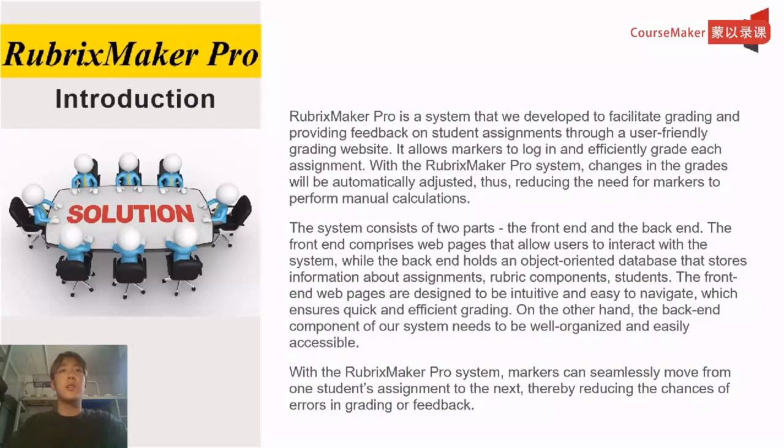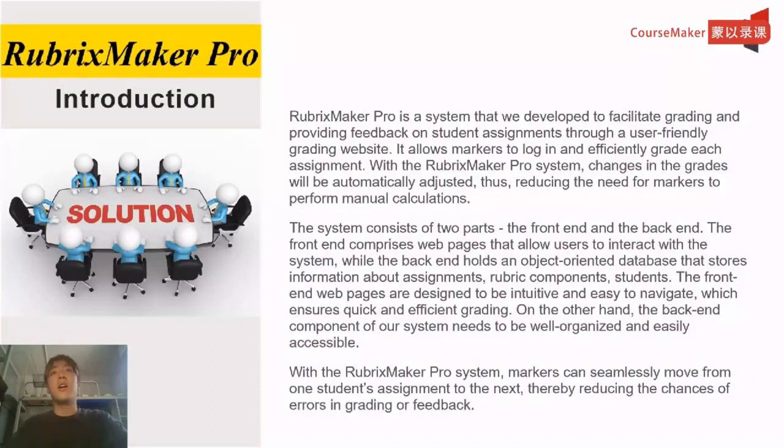The front end comprises web pages that allow users to interact with the system, while the back end holds an object-oriented database that stores information about assignments, rubric components, and students. The front-end web pages are designed to be intuitive and easy to navigate, which ensures quick and efficient grading.